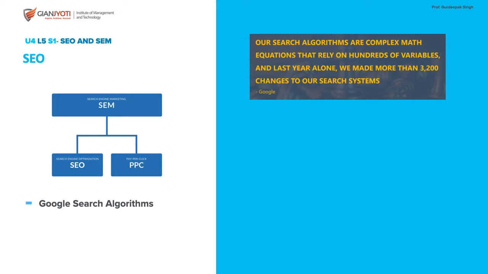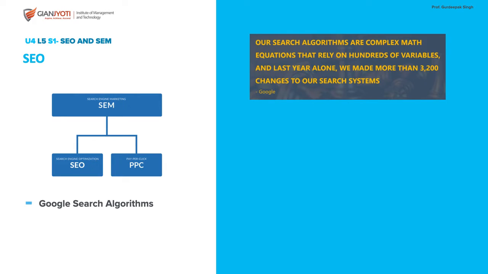To begin with, just to give you some idea of how big search engine optimization is, I'll talk a little bit about Google search algorithms. As per Google, they say that our ranking algorithms are complex math equations that rely on hundreds of variables, and last year alone we made more than 3,200 changes to our search systems.